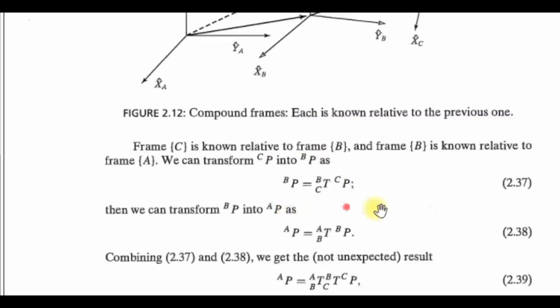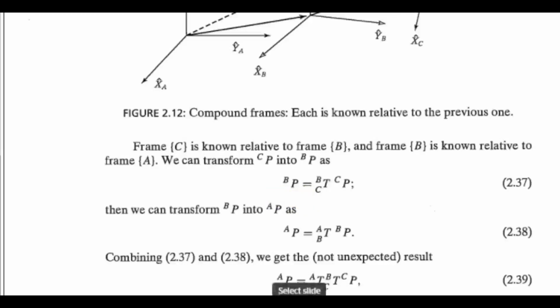This was already discussed today, the transformation matrix. So here BTC, the transformation matrix, is used, which consists of the rotational matrix R, B, C. The first part is the rotational matrix.